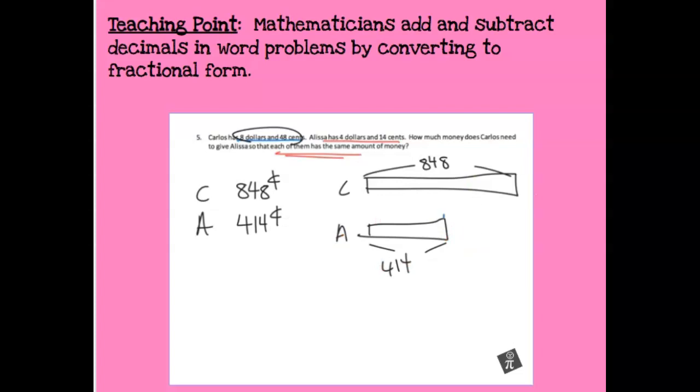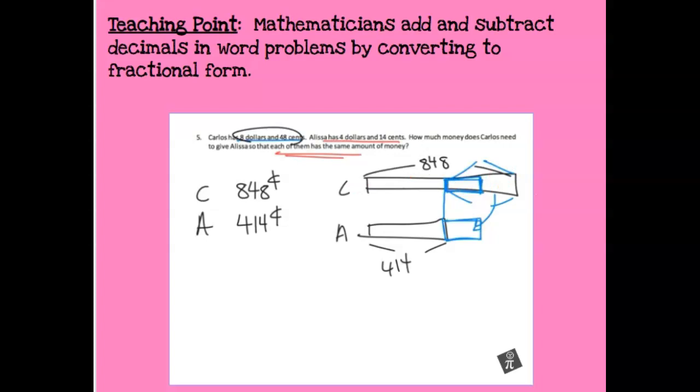So the idea is the difference here, and then Carlos is going to give half of the difference to Alyssa so that they're the same. All right, so not all of his money, but half of the difference.